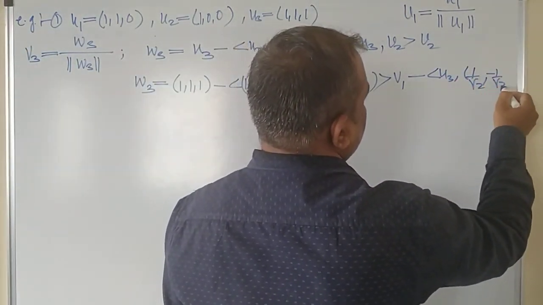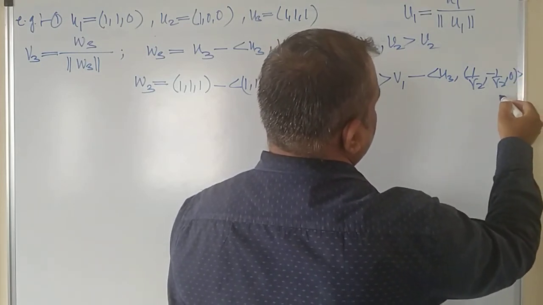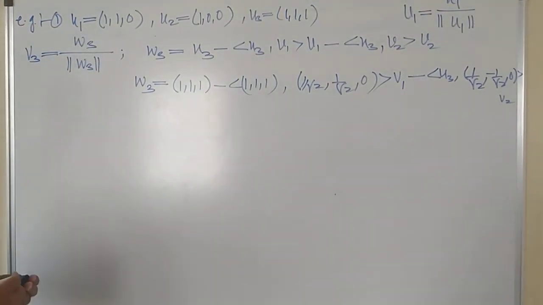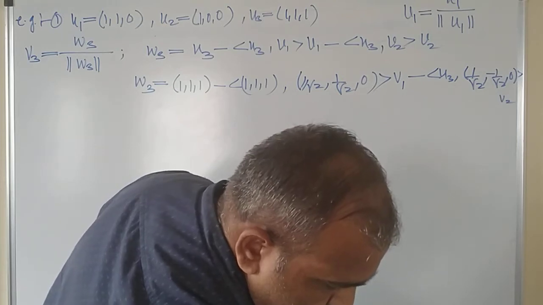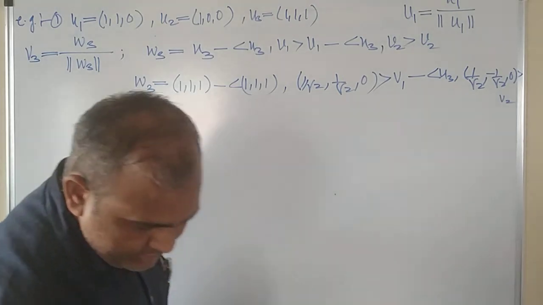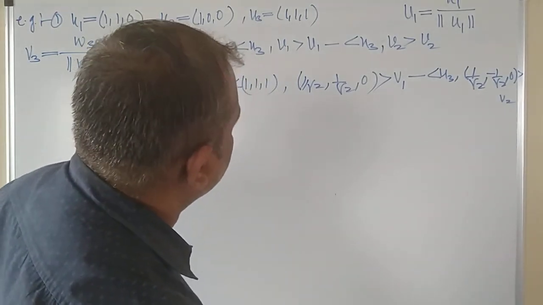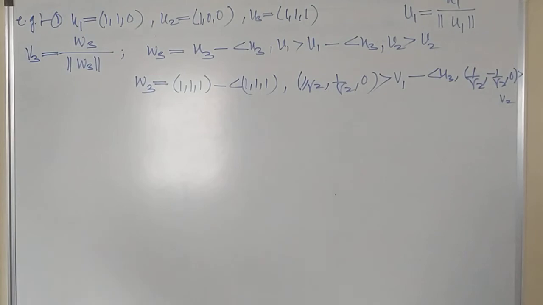And the inner product of this with V2 I will write as it is, right? So let me check V1 first. I think 1 by root 2, 1 by root 2 and 0. Yes, V1 is okay. And V2 is 1 by root 2, minus 1 by root 2 and 0. So these are the vectors.